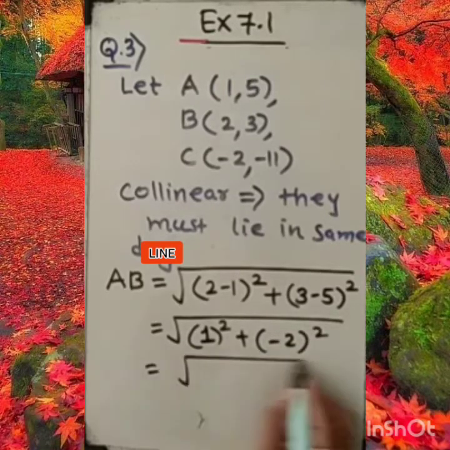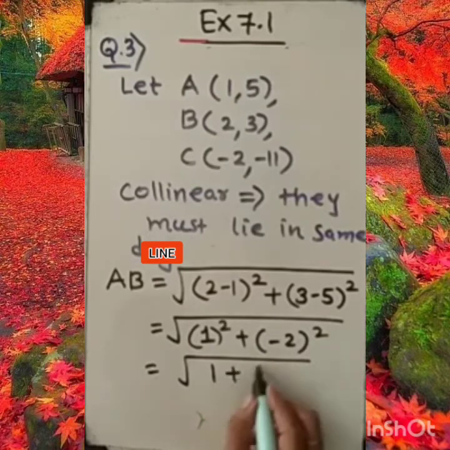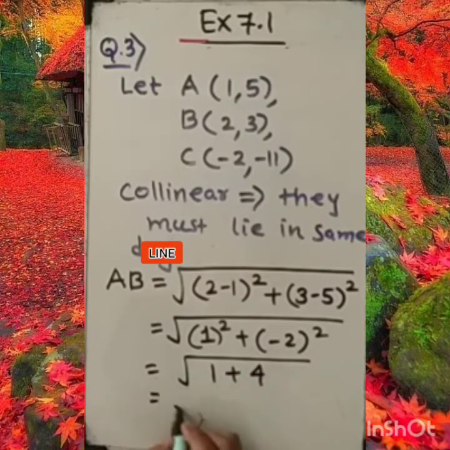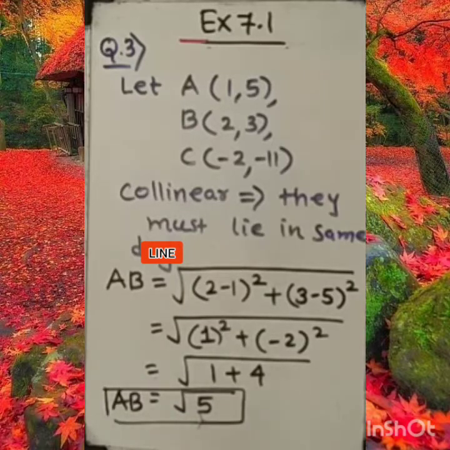If I simplify, 1 square will be 1, minus 2 square, any negative number square is positive, 4. 1 plus 4 is 5. So AB equals under root 5. Clear to you? This is the distance between A and B.